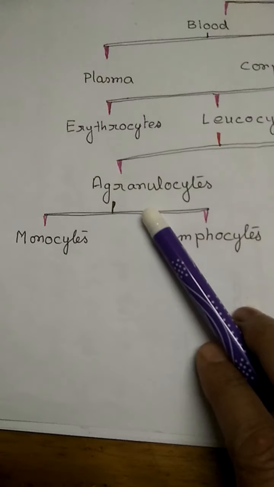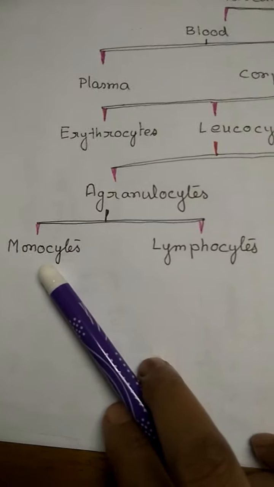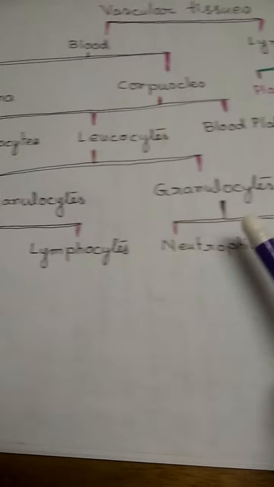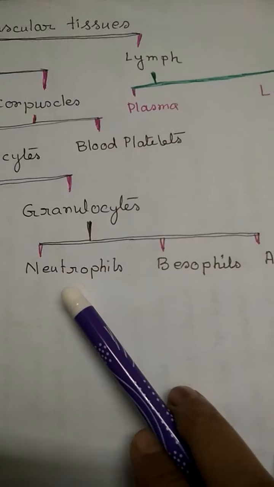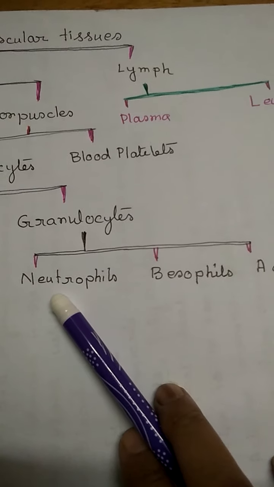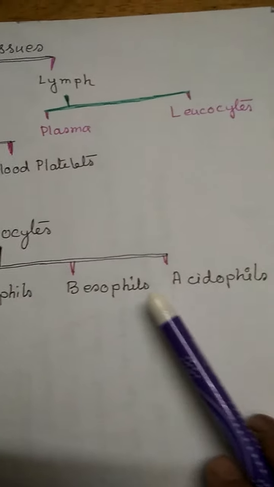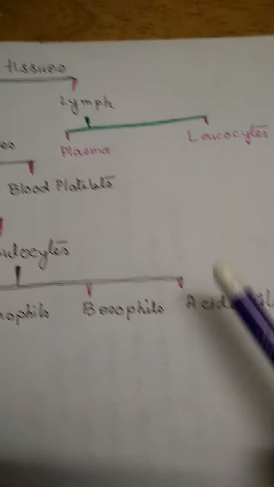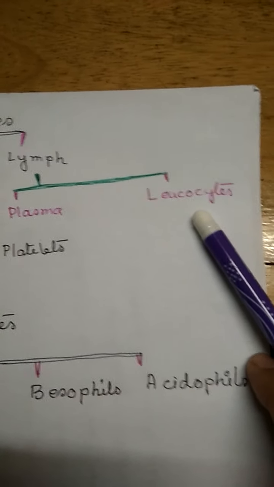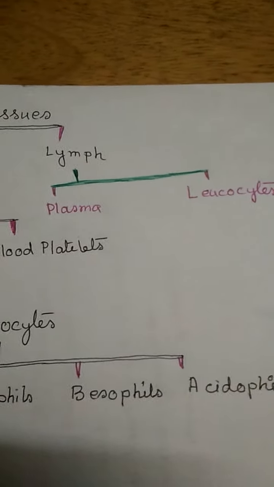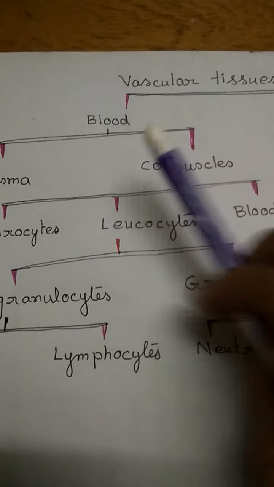If it is agranulocytes, then monocytes and lymphocytes. If it is granulocytes, then that one is again three types: neutrophils, basophils, acidophils. In case of the lymph, it is of two types: plasma and leukocytes. Okay, so let me start from blood.